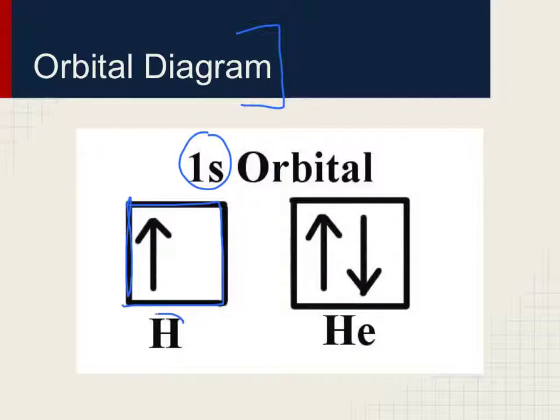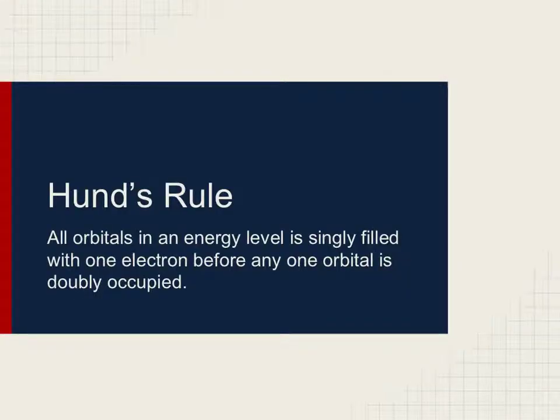Given hydrogen only has 1 electron, we can arbitrarily say that electron has an upspin. But if we're looking at the electrons in helium, helium has 2 electrons. So in its 1s orbital, it will have an electron with an upspin and an electron with a downspin. Again, every orbital can have at most 2 electrons, and every electron must have a different spin. So every orbital can have an upspin electron and a downspin electron. That's a pretty simple principle, the Pauli exclusion principle.